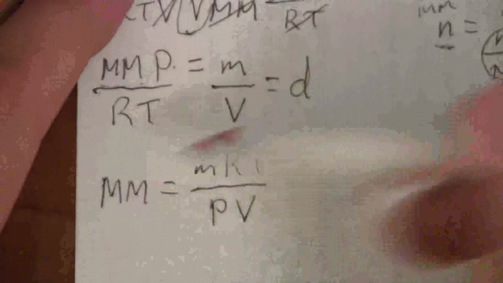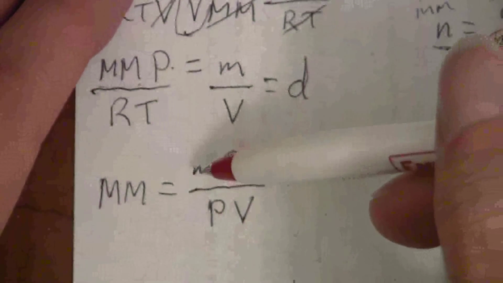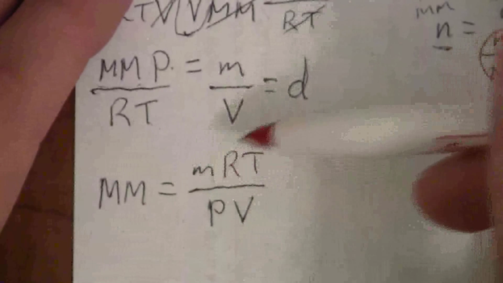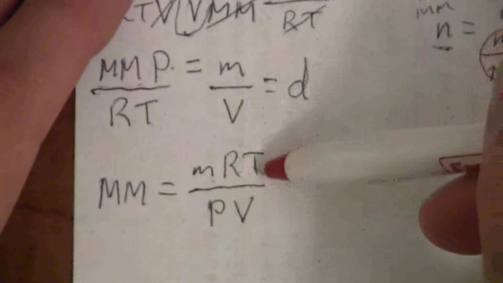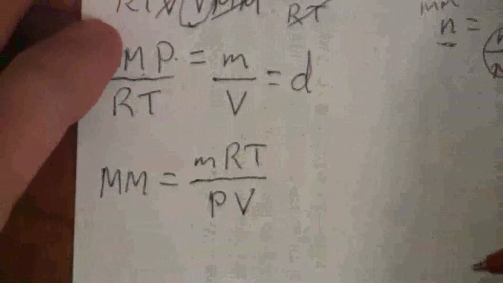So molar mass will be the mass of the gas times R times the temperature of the gas divided by the pressure times the volume.